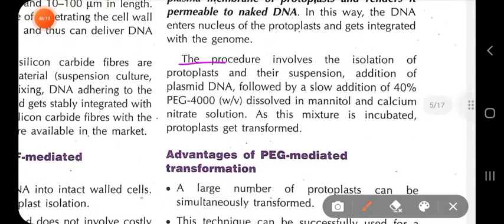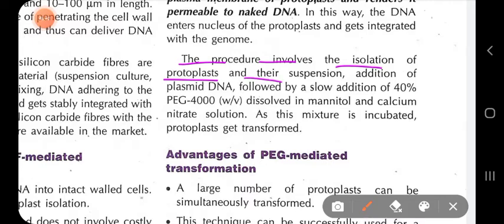Now, the procedure involves isolation of the protoplast. How can we go for polyethylene glycol mediated gene transfer? First, we have to isolate the protoplast. We have to prepare protoplast by removing the cell wall, maintaining the stability of the protoplast by using a suitable osmoticum, which will maintain the osmotic concentration inside the cell, using mannitol or sorbitol solution at a certain molar concentration.